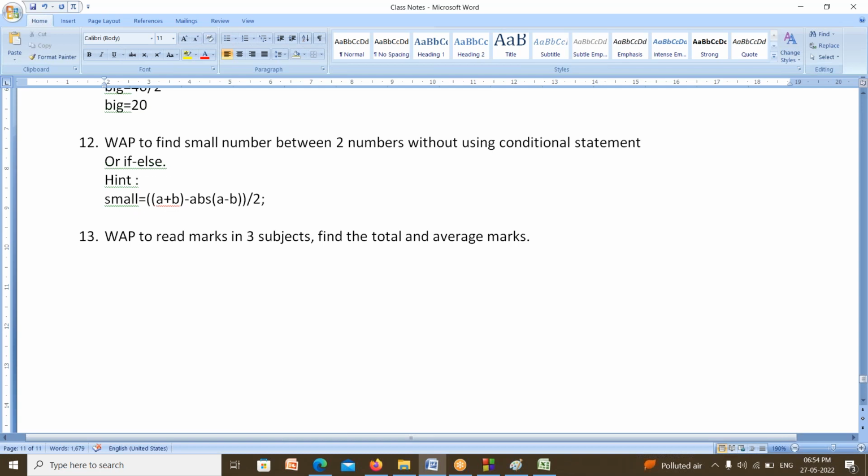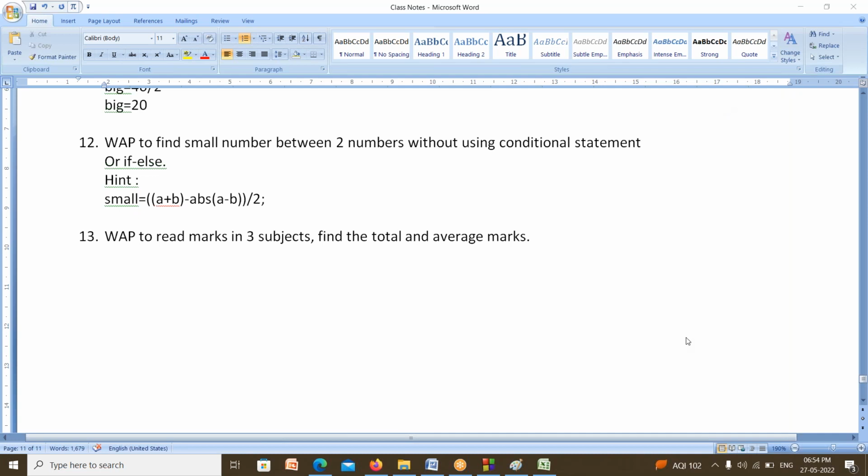How to find the total? Jyotirmay, how to find the total of 3 numbers? Total equal to A plus B plus C, am I right?